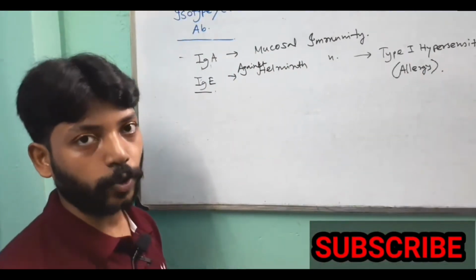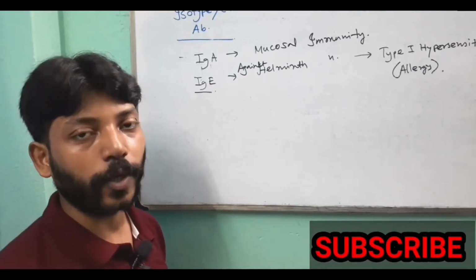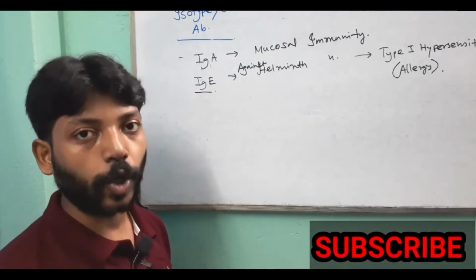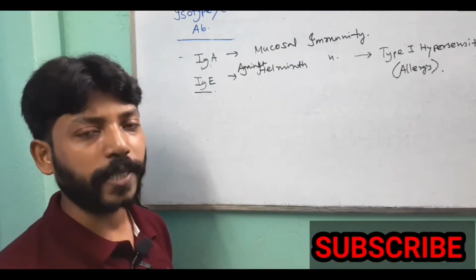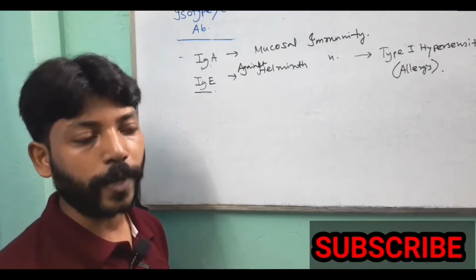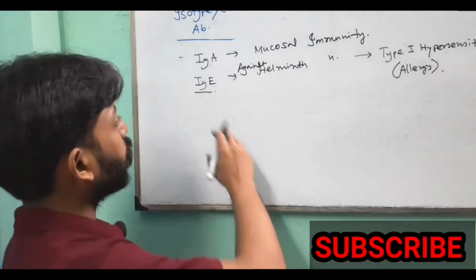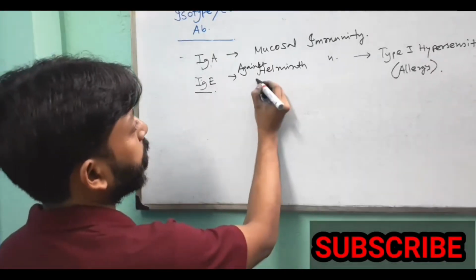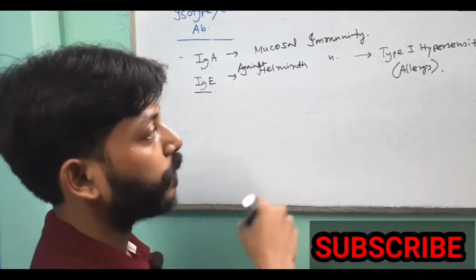Those people who are atopic in nature, atopic means in our normal healthy individual, IgE antibody is not produced, but some people, those who are atopic, meaning allergy-prone human beings, they produce IgE in normal conditions. So IgE can actually build helminth immunity, or it can produce type 1 hypersensitivity.